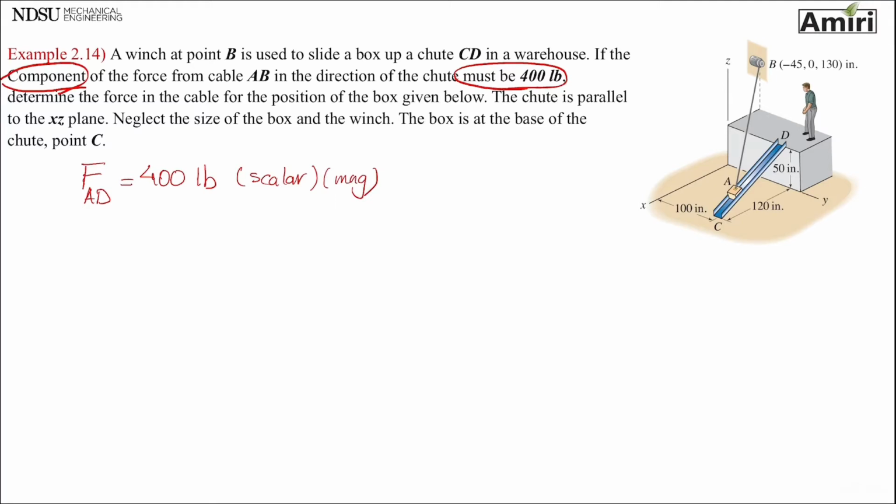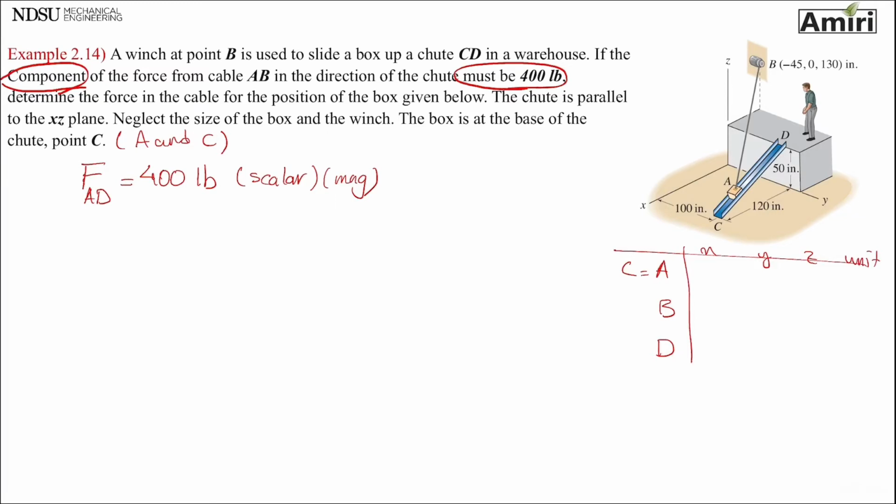Find the force in the cable for the position of the box given below. The chute is parallel to the XZ plane. Neglect the size of the box and winch. The box is at the base of the chute at point C. Okay, so assume that point A and point C are the same. I want you to solve this problem when point A is right at the bottom of the chute, or at point C. So let's find A, which is also C, B and D, X, Y, Z units.